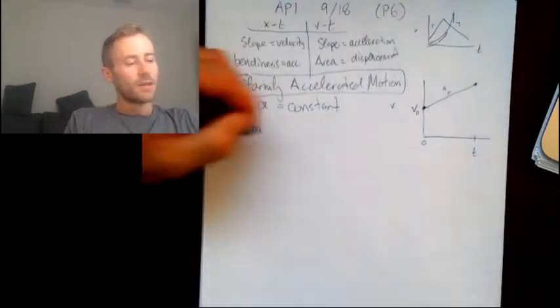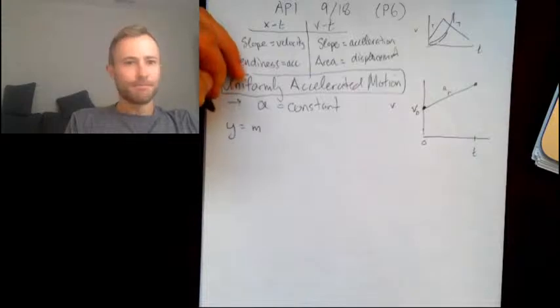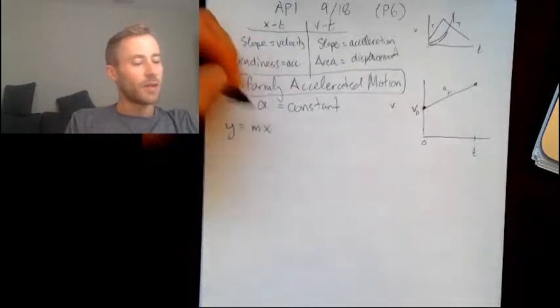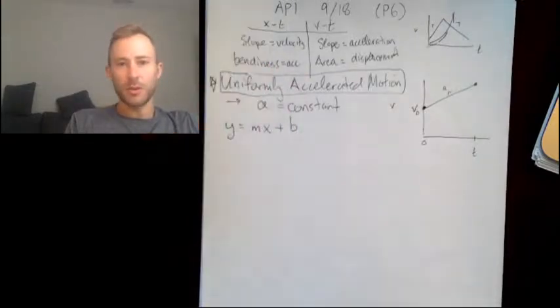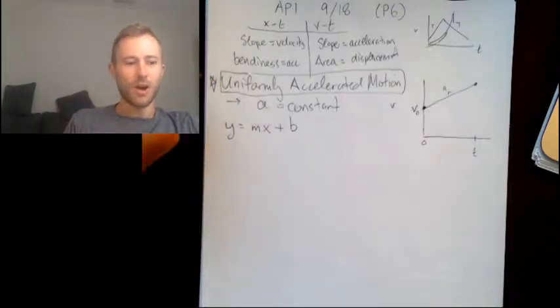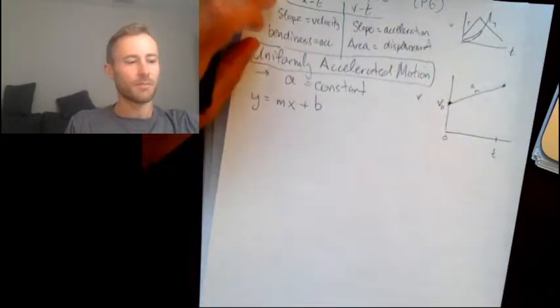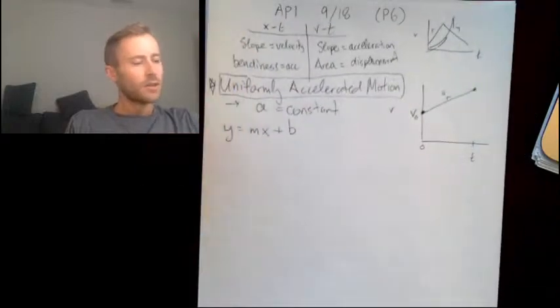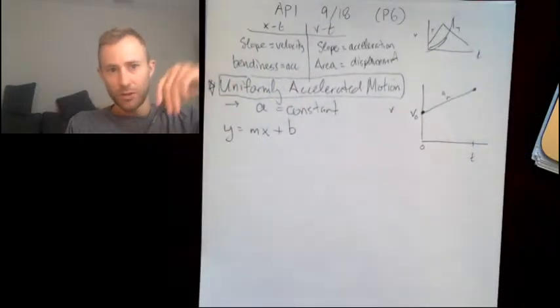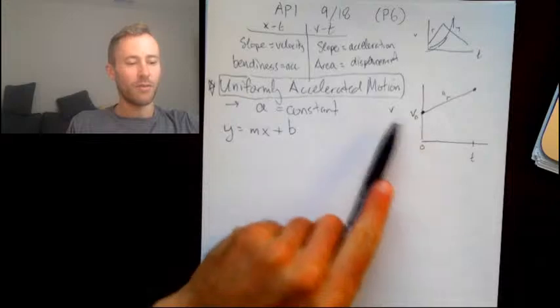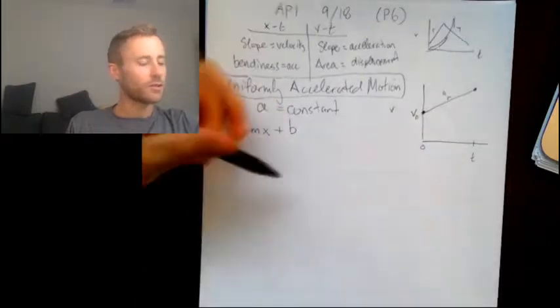The equation of a line in your math class is y equals mx plus b. All right, but let's convert that to the context of this particular graph, okay? So instead of y, which is what is on the vertical axis, we have velocity on the vertical axis.